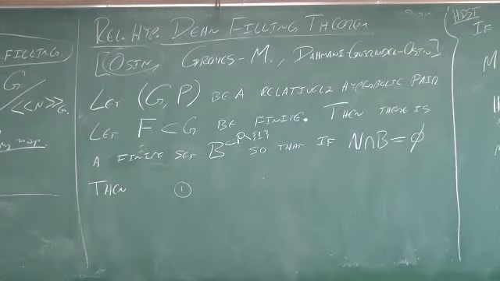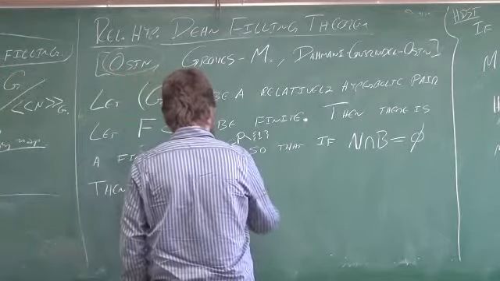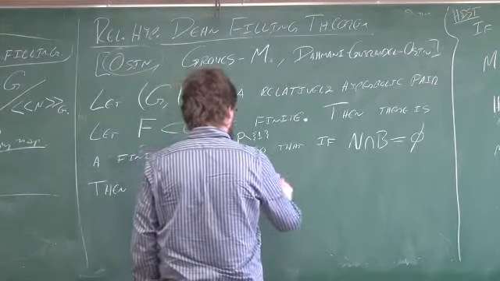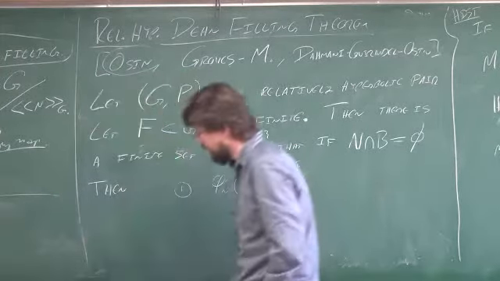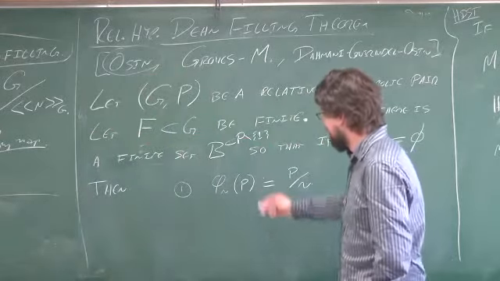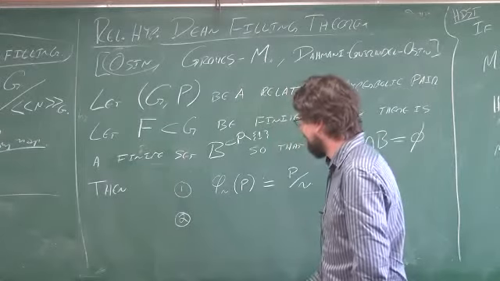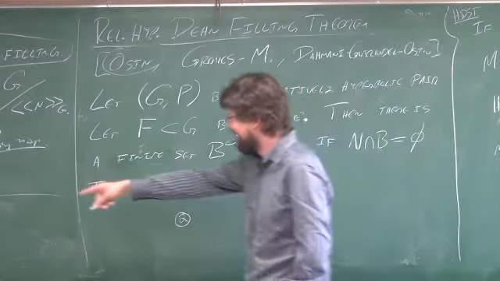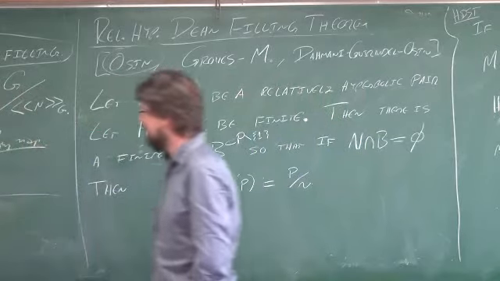right? Now, it may or may not be the case that this second map is injective. So that's the first conclusion here, that the second map is injective. I'll just write that as phi n of P is equal to P mod n, where I mean that if I look at this map here, then that's an isomorphism.